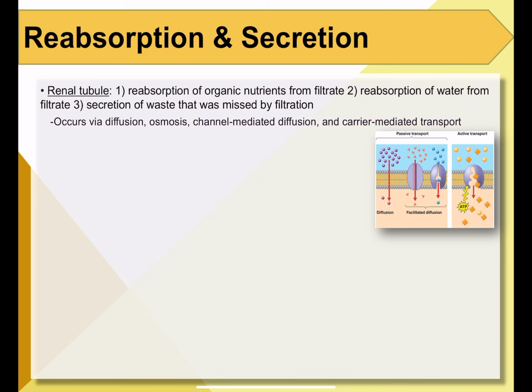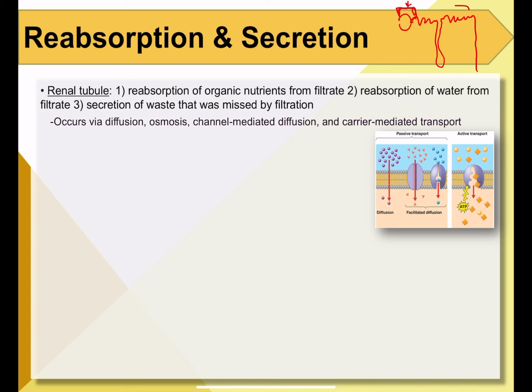Okay, so let's move on to absorption and secretion, which happens within the renal tubule section of the nephron. Remember, filtration happens within the glomerulus part of the nephron. Remember, you have your glomerulus, PCT, loop of Henle, and then DCT and the collecting duct. So we just got done talking about the glomerulus part for filtration.